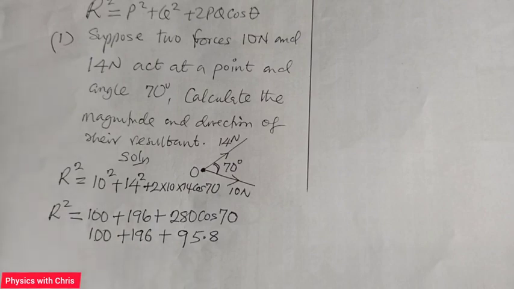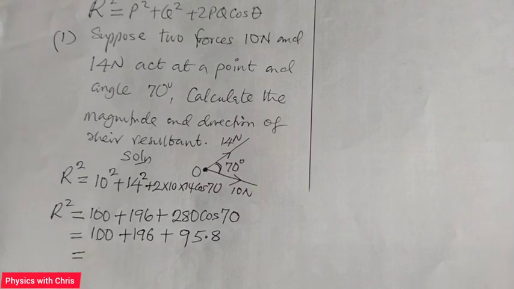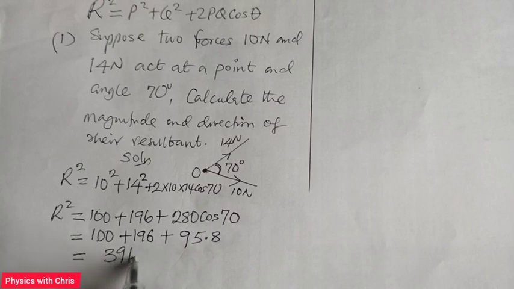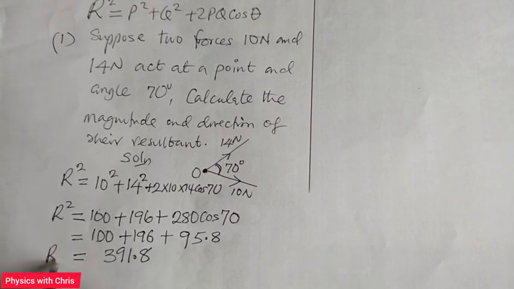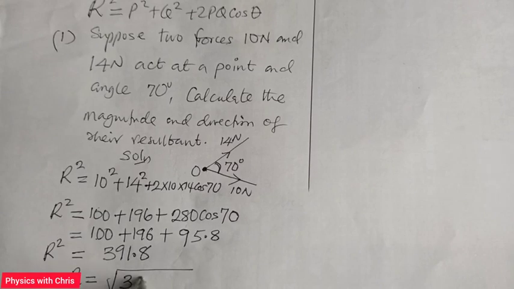So I must do this first before I add. That gives me 296 plus 95.8, which is 391.8. Now this is my r squared. What I'm looking for is the magnitude of the resultant vector, which is the square root of 391.8.